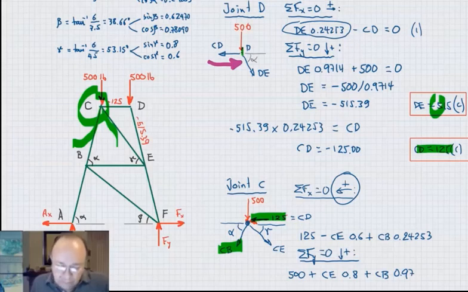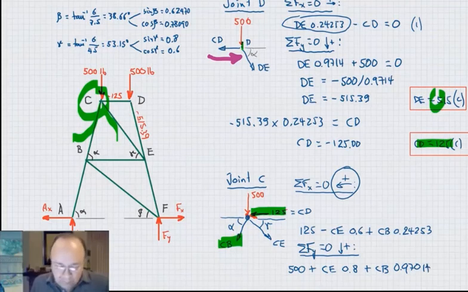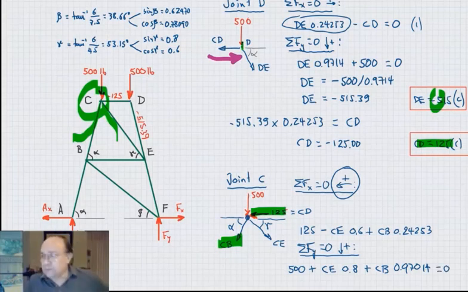Where did we go? 0.14. Okay, so if I don't have any more components, 1, 2, 3, this will be equal to 0. That will be equal to 0. Joint C.